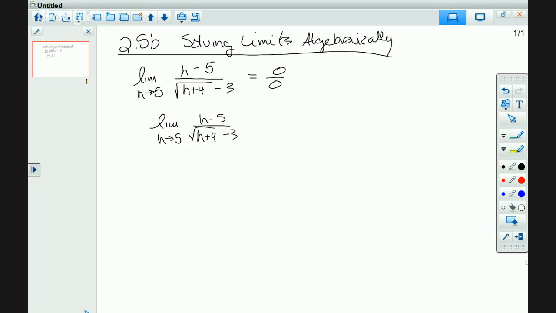A lot of times, obviously, that would be a pain to try to factor. But with a root, a lot of times you can multiply by the conjugate. So that's my first try. It's going to get rid of the root in the bottom.